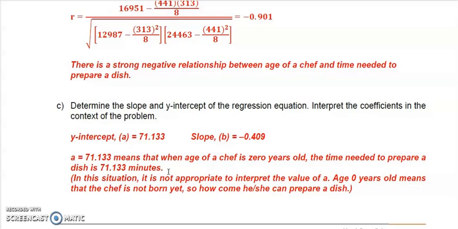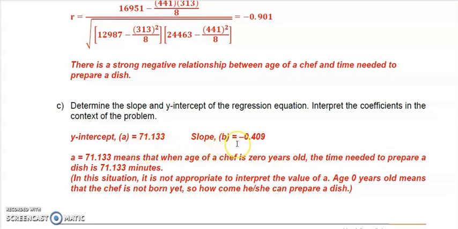Here in this example, it is not appropriate to interpret a. Why? Because age 0 means the chef is not born yet. If not born yet, how can they prepare the dish? So in this case, it is not suitable to interpret a.